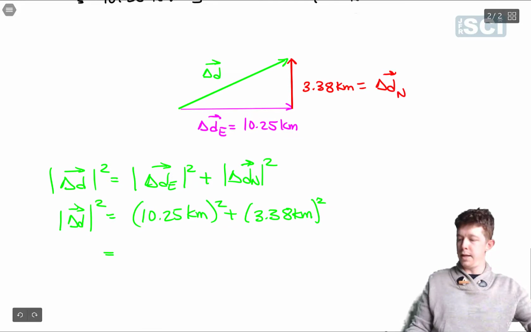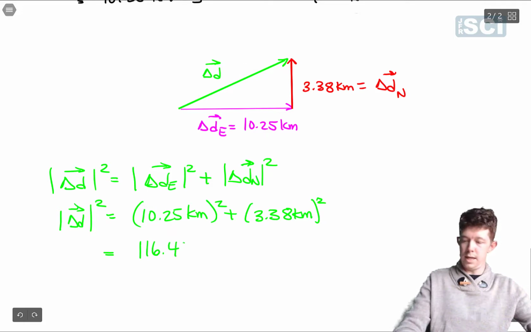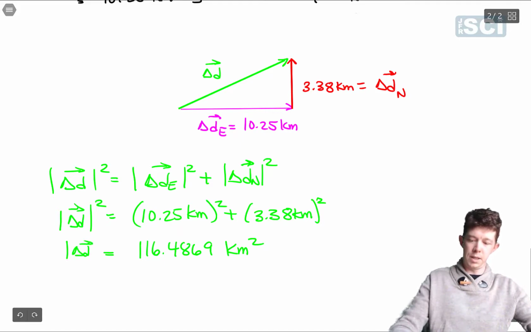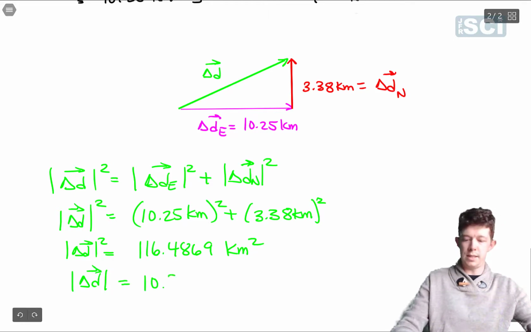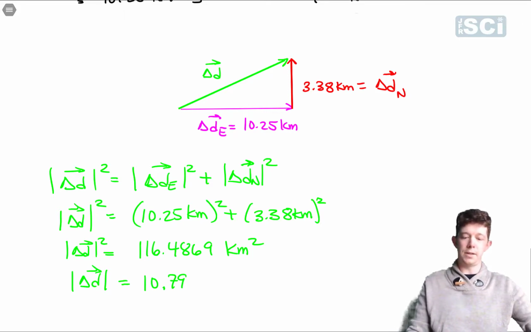If I work this math out, I get a value of 116.4869 kilometers squared, which is my square of the displacement. I don't want that. I want the actual displacement vector magnitude, and that gives me 10.79 because I took the square root of that vector.